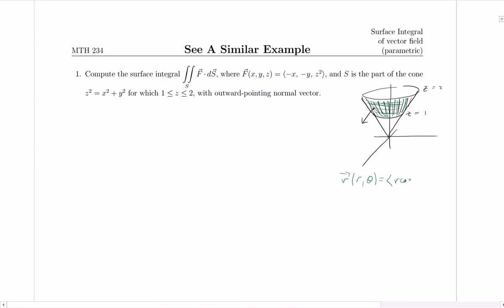So x and y will just be the usual polar coordinate equations, r cosine theta and r sine theta. And z, if you look at the equation for the cone, z is the square root of x squared plus y squared, which in polar coordinates is the same thing as r. So here we can just have r for our z component. And if we like, we can factor out an r since it's in every component.